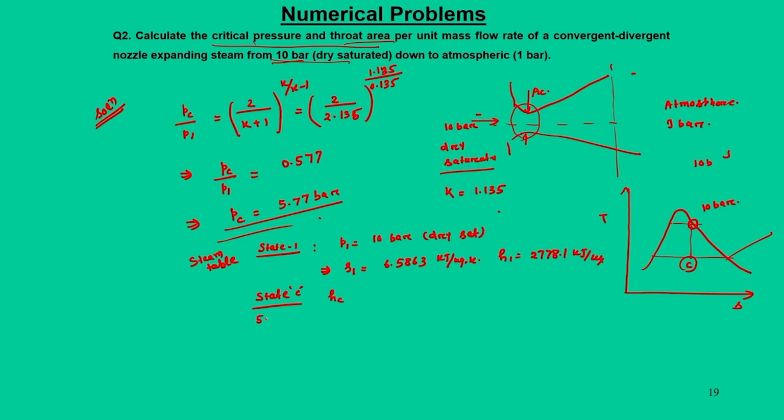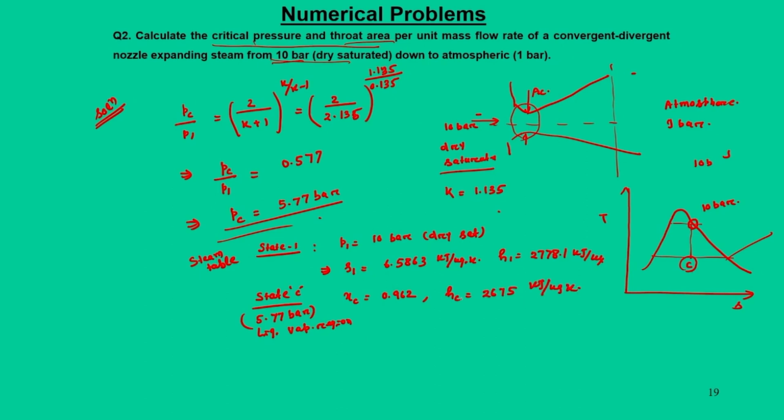That is at 5.77 bar, and it is in the saturated liquid vapor region. So, for that we have to know the dryness fraction Xc, that number we can find out as 0.962, and Hc we can find out as 2675 kilojoule per kg.